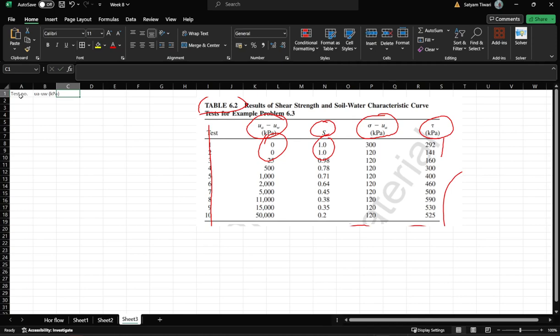The third one is going to be degree of saturation. After that, it will be sigma minus ua, that's going to be in kPa. Moving further, we'll write this as shear stress in kPa. Moving further, here we need to calculate the effective stress parameter.